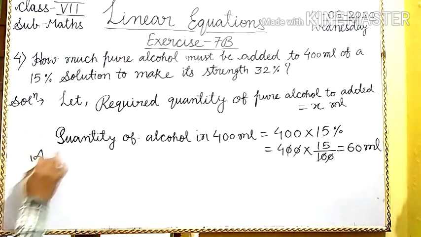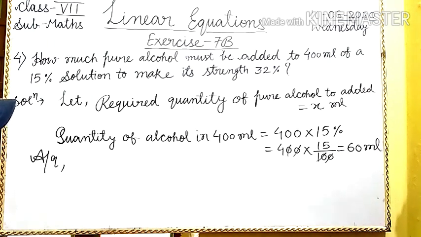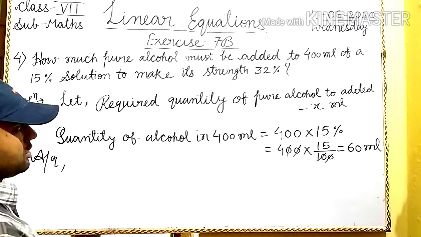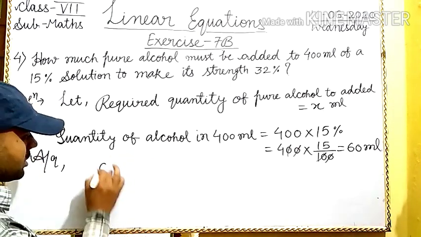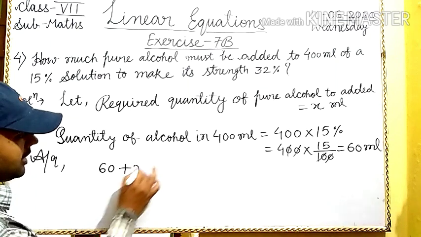Now according to the question, how much pure alcohol must be added to 400 ml of a 15% solution to make 32%? So here the quantity of alcohol is 60. We added alcohol x.